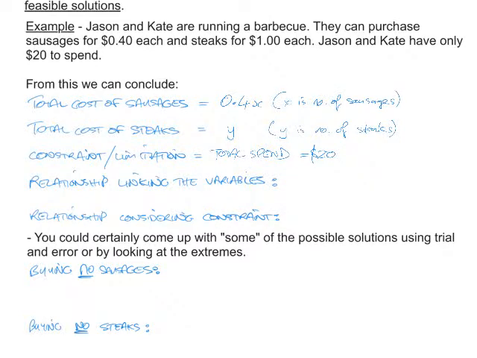So what's the relationship linking the variables and the constraint? Well, if the total cost of sausages is 0.4x and the total cost of steaks is y, well, the total cost of everything is going to be 0.4x plus y.